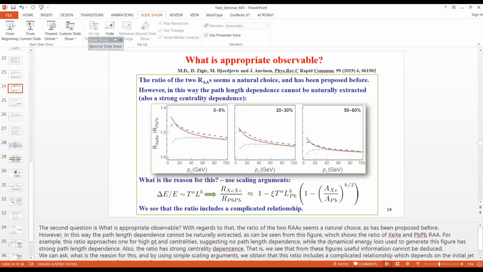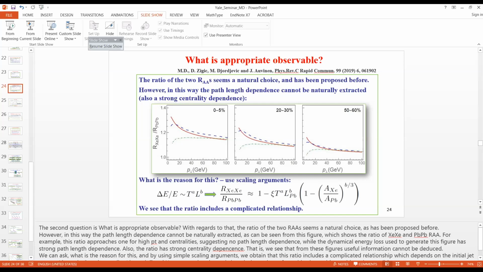RAA is not directly proportional, but 1 minus RAA is directly proportional to the fractional energy loss. That is the reason why we introduce 1 minus RAA, and I think it is a much more natural variable than RAA.